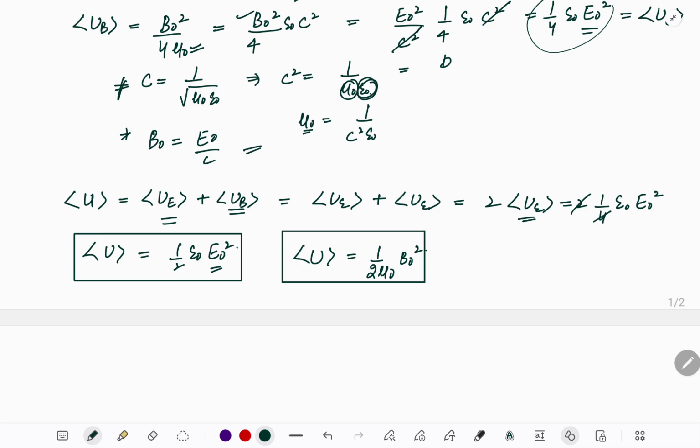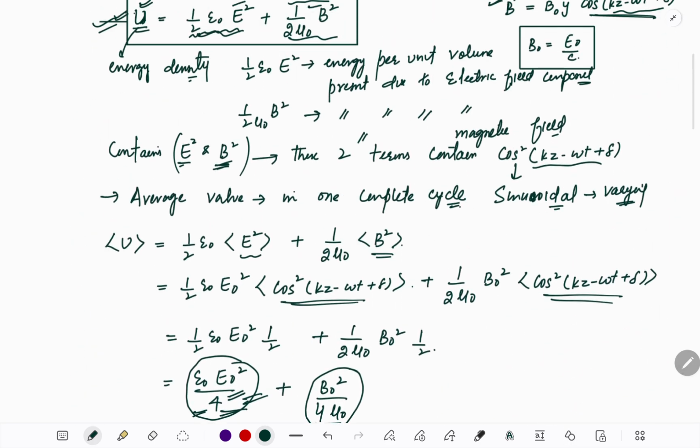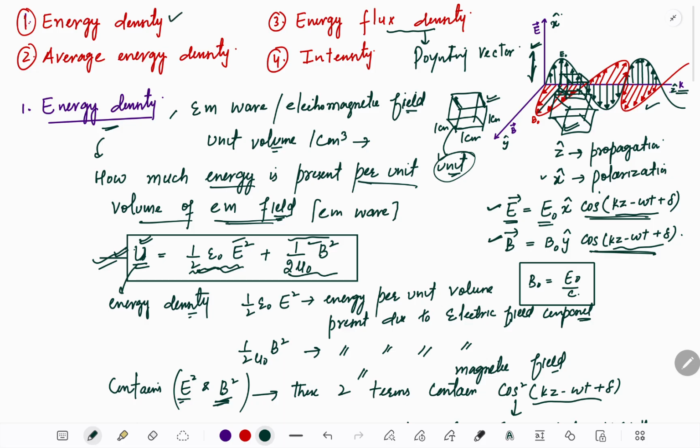I hope this makes sense now. So these are the two terms, energy density and average energy density, and I hope you understand now the difference and why we take the average.